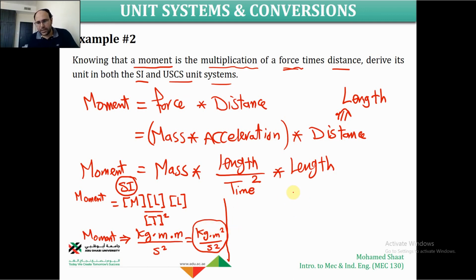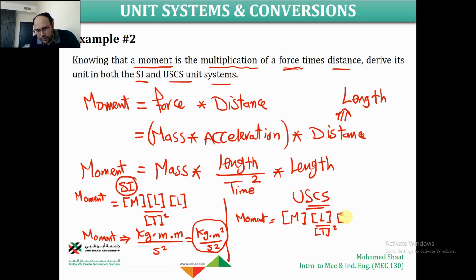How about the American system, the USCS unit system? So we said that the moment is the mass times length divided by time square times another length.